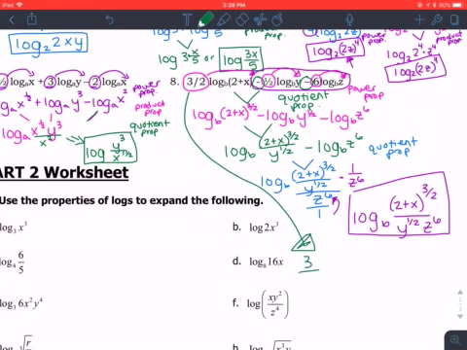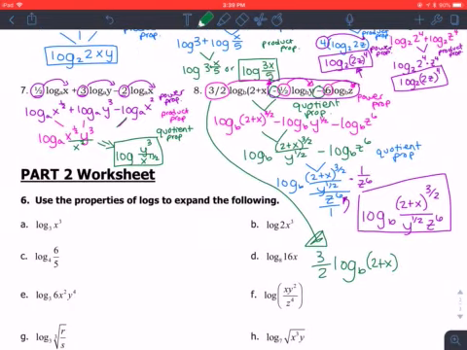So I could have had this as 3/2 log base b of (2 plus x) minus, and then in parentheses we would have the 1/2 log base b of y plus 6 log base b of z. So I factor out a -1 from my second and third.